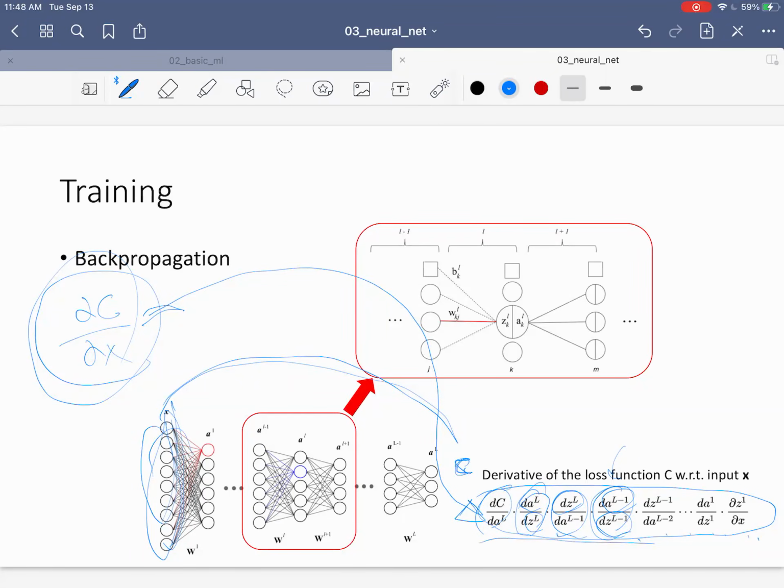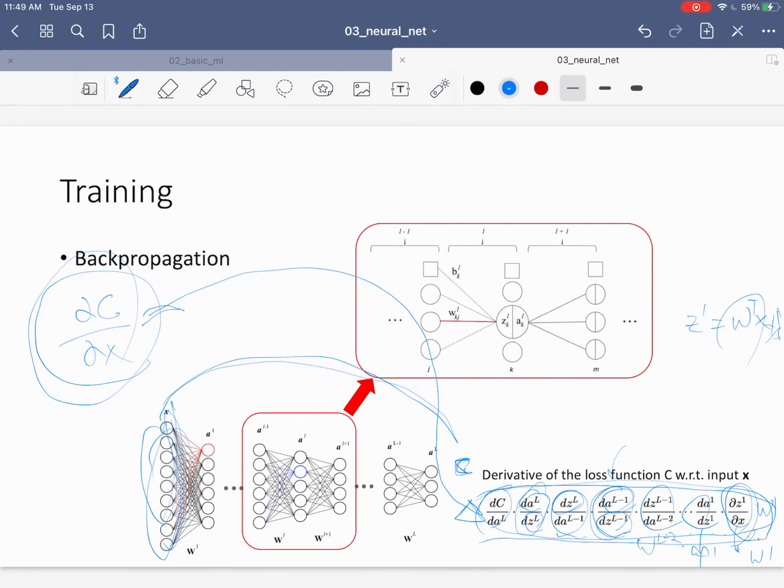You do this kind of chain rule all the way back to here. Z1 is determined by X. Obviously, there's the very first W1 hidden here somewhere, because Z1 is actually W transpose X plus B, but we're forgetting about the B. So this should be W1, right? This should be F1. This should be W_L minus 2, and so on and so forth.